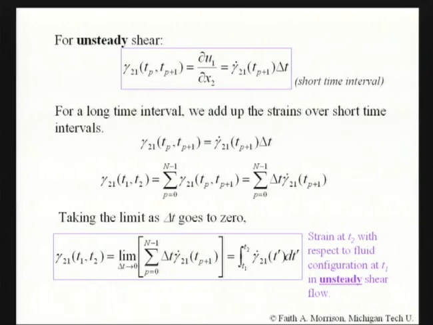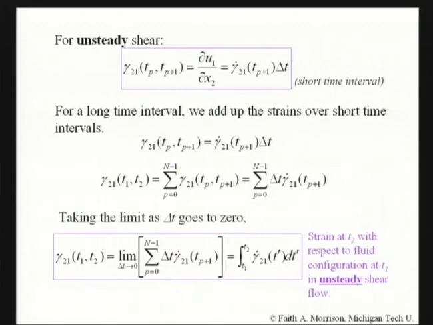And so we're adding up these little baby steps to get the total amount of strain over the interval. So it's the integral of gamma dot dt. This is, in fact, the fundamental definition of an integral, going back to your calculus books.